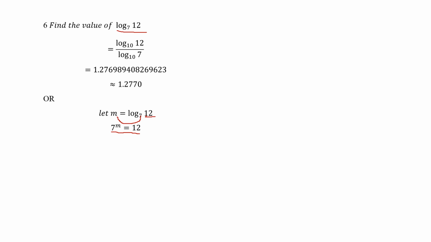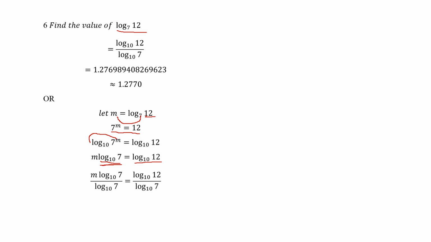Then from there, the next step, we are going to introduce log base 10 both sides. I've said we are introducing log base 10 because it's the one that is on our calculators. So introducing log base 10 both sides of the equation, the power m is going to somersault to the front on the next step. Then I can place this one on the calculator and that one on the calculator, or divide by log of 7 base 10 both sides.